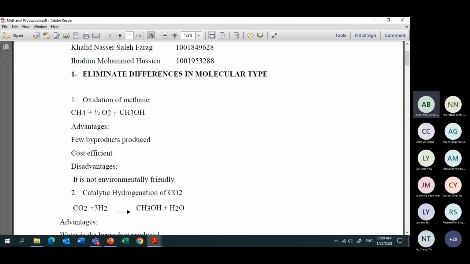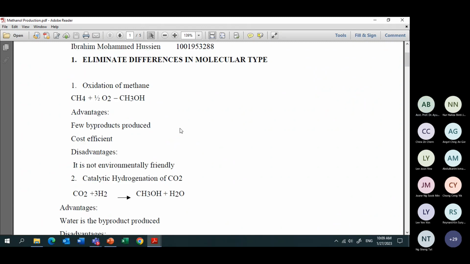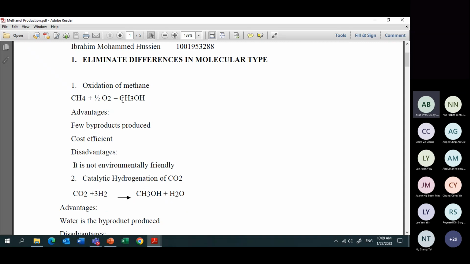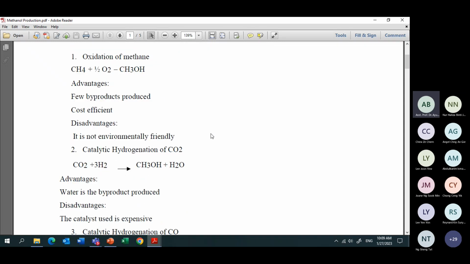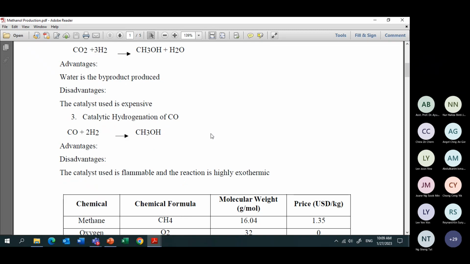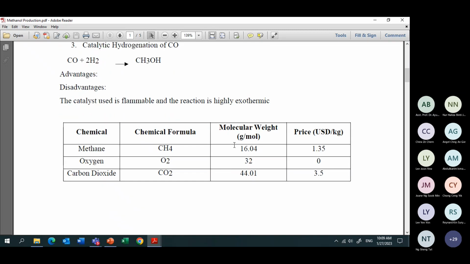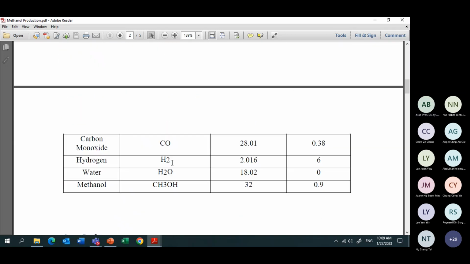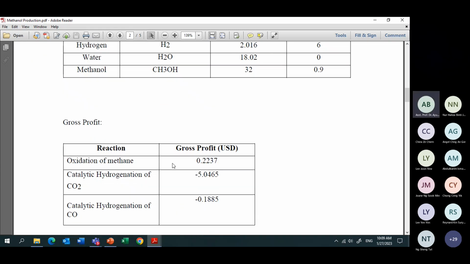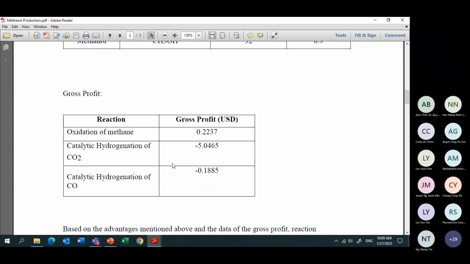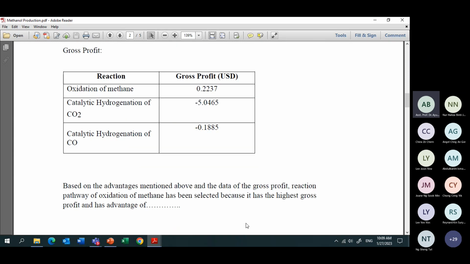So there are many reaction paths to produce methanol. This group compares the oxidation of methane pathway. Okay, compare the price. Good. Compare the gross profit. So from here you can figure out whether you can proceed or not.